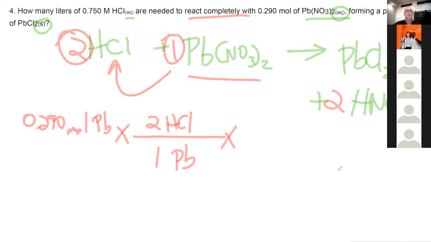So what's next? That would tell me the number of moles of HCl, but that's not the question, is it? No, look for the volume. I want a volume, so how am I going to wind up with a volume at the end?